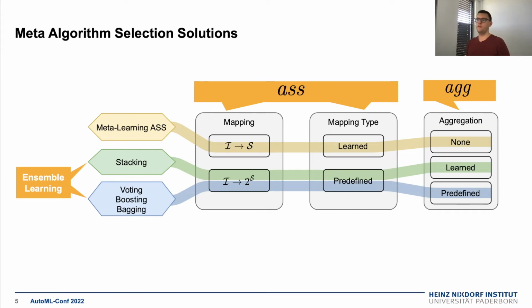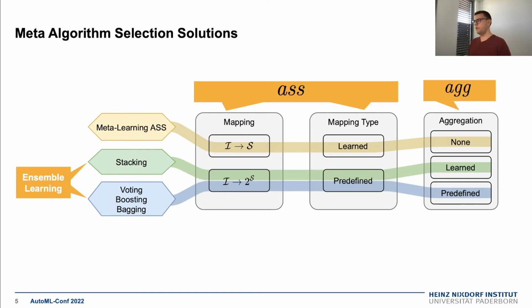And this basically answers the second question, namely combining multiple algorithm selectors, or more precisely their suggestions. And this is where the lower two elements of the graphic come into play, namely employing ensemble learning. We differentiate here between stacking and voting, boosting, and bagging, mainly because in stacking we essentially learn the aggregation, because we basically stack the decisions of the different selectors onto the features that we have anyway, and then learn the final suggestion of the algorithm.